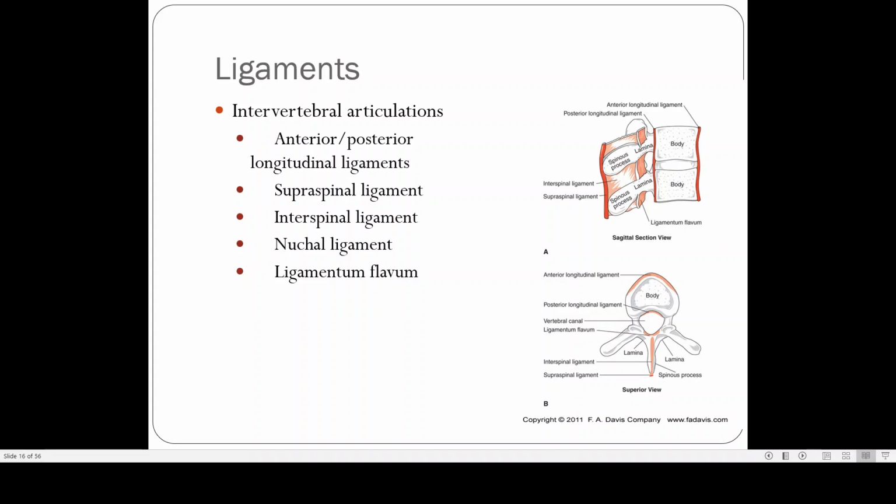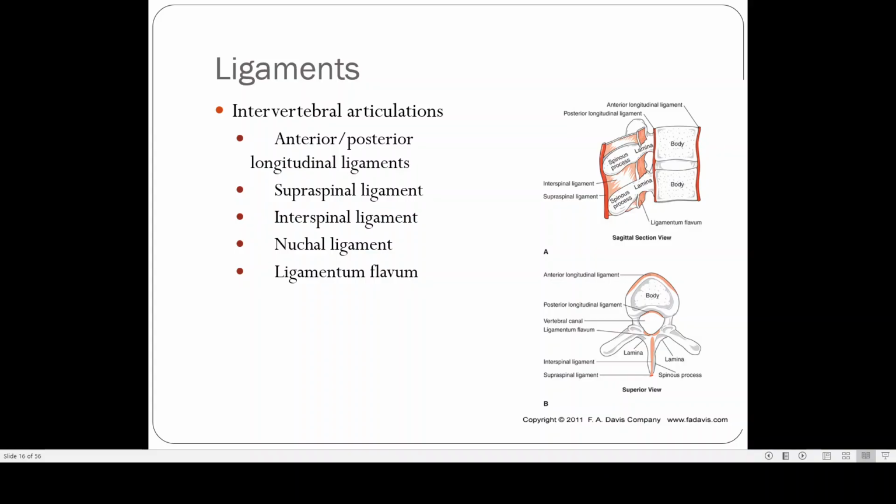Our supraspinal ligament, you can see also in that top picture there, is going to attach your spinous processes. Your supraspinal ligament is going to be important in preventing excessive flexion.